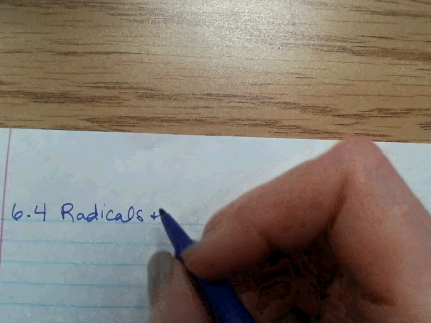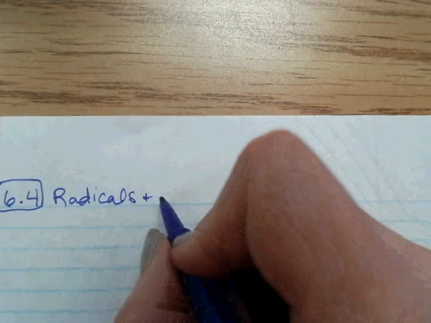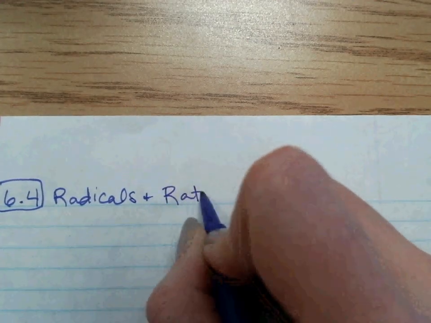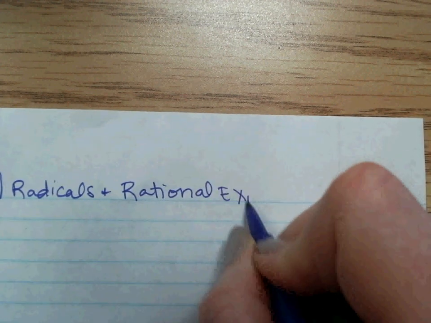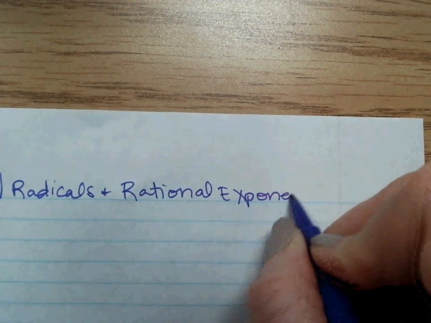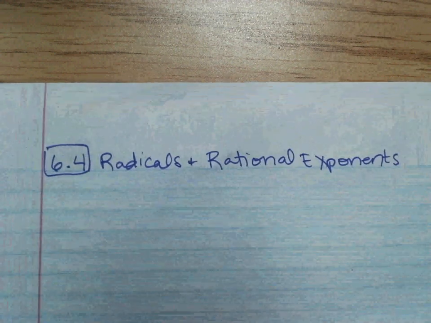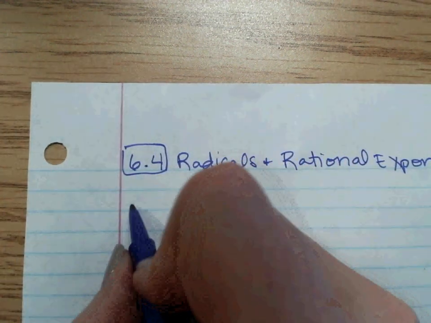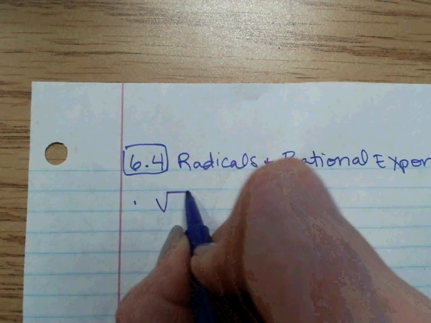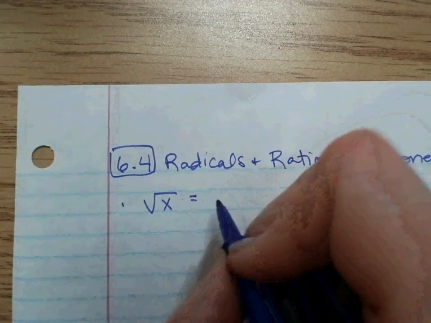Today's lesson is 6.4, radicals and rational exponents. The first thing we need to realize is that when we have the square root of x, we could write that as an exponent.